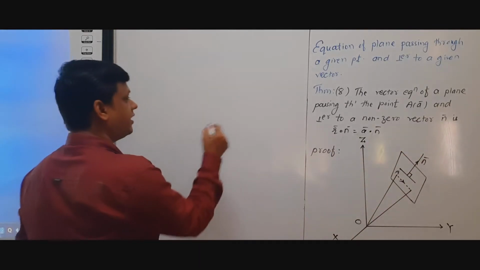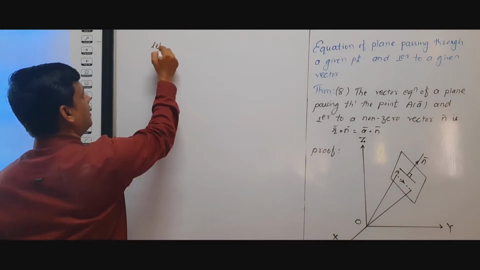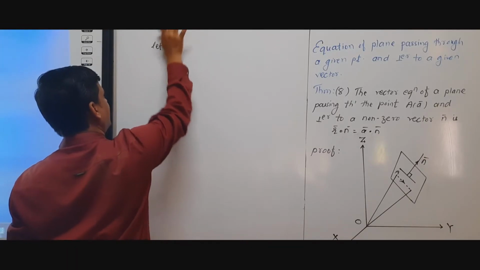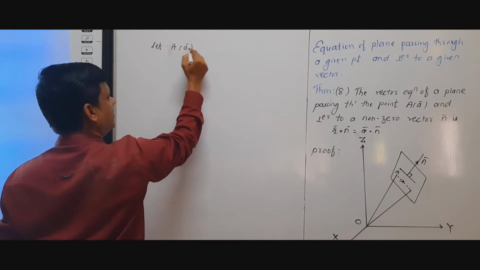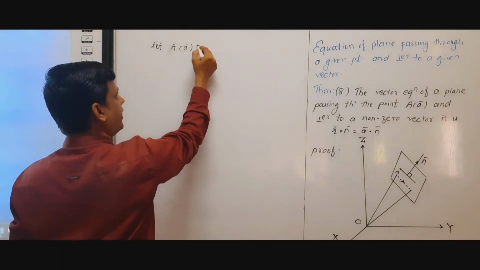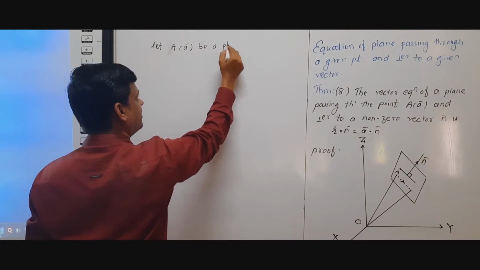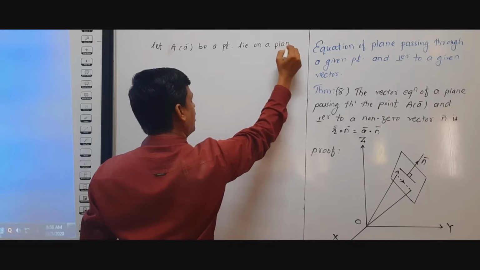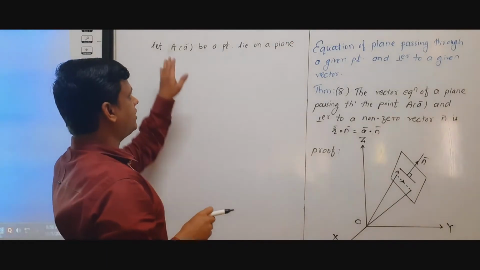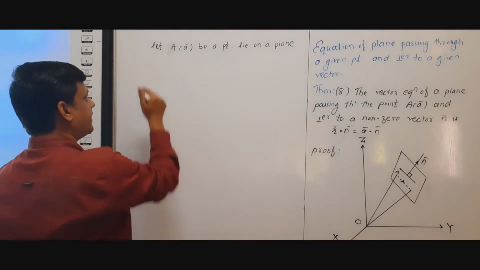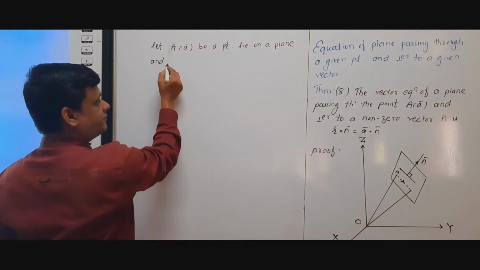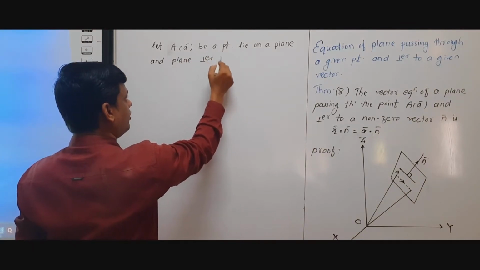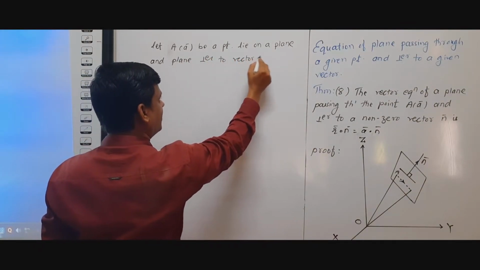So we first write in the proof, let A of a bar be a point lying on a plane, or you can write a plane passing through a point A of a bar and perpendicular to vector n bar.